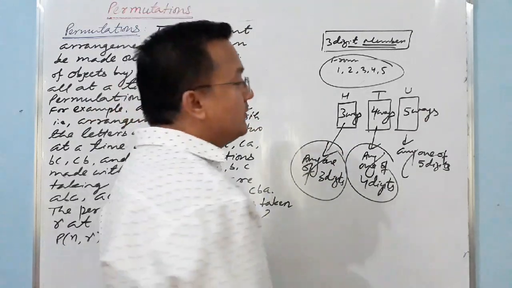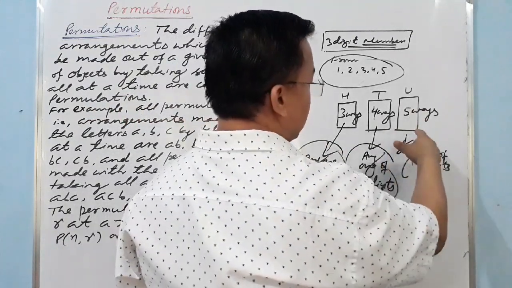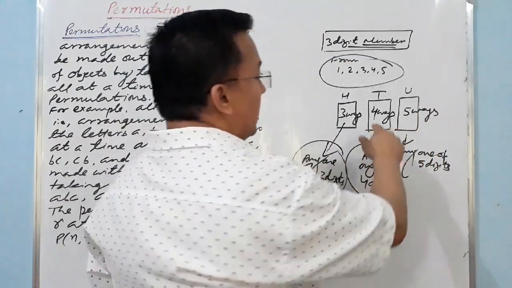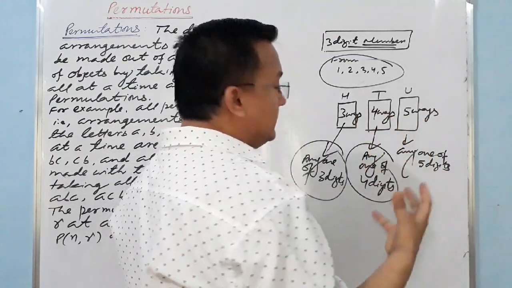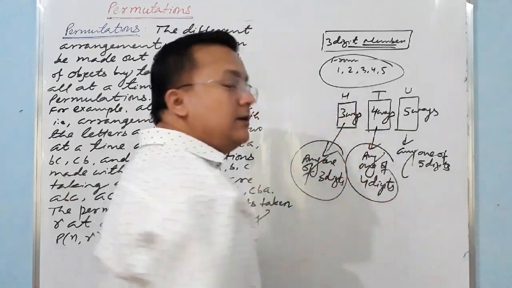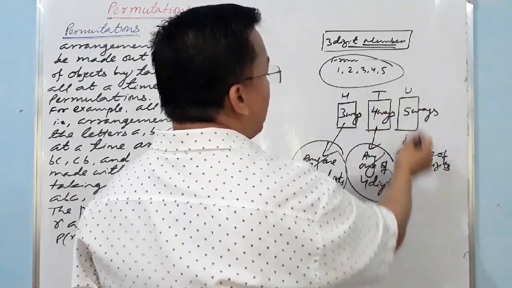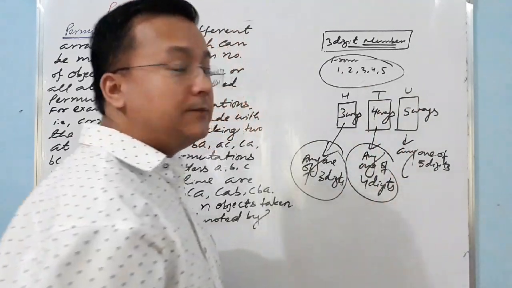So the first operation can be performed in five ways, the second independently in four ways, and the third in three ways. So in how many ways can the total operation be performed?